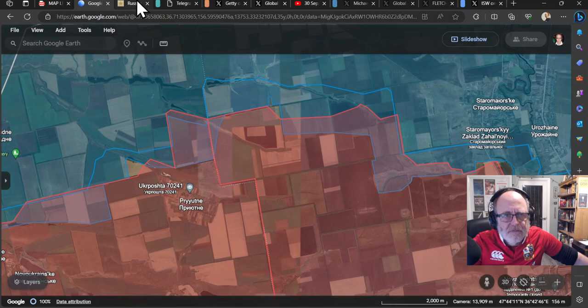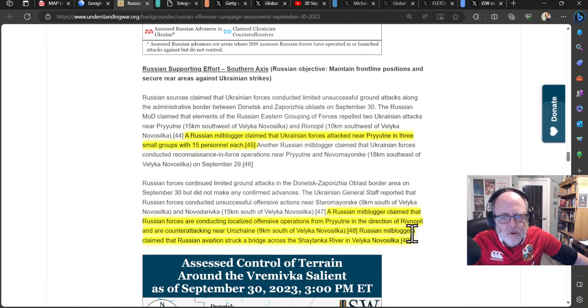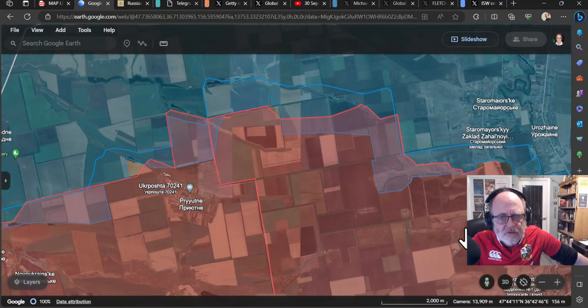And then we have the ISW continuing: a Russian mil blogger claimed that Russian forces are conducting localized offensive operations from Pryutne in the direction of Rivnepil and are counterattacking near Urzhainy. Russian mil bloggers claim that Russian aviation struck a bridge across the Shaitanka River in Velika Novosilka. So the Russians are doing a lot of counterattacking themselves.